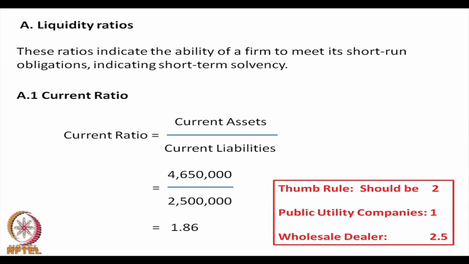The very first ratio, which is the most popular liquidity ratio, is called the current ratio. Current ratio is the ratio of current assets to current liabilities. Now, these figures are actually collected from the balance sheet values of current assets and current liabilities.